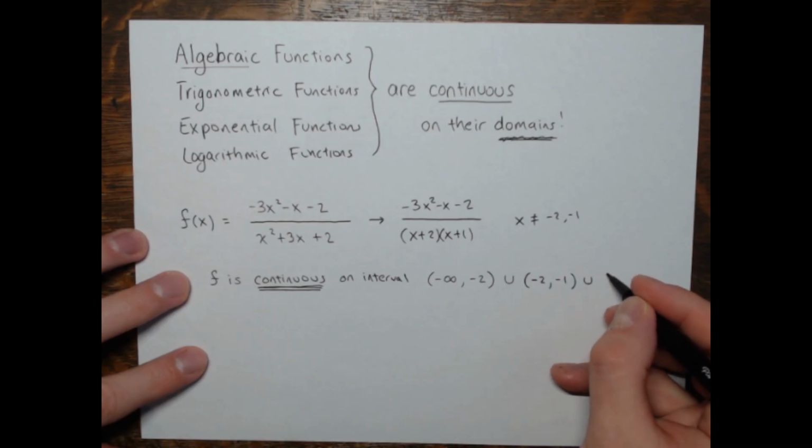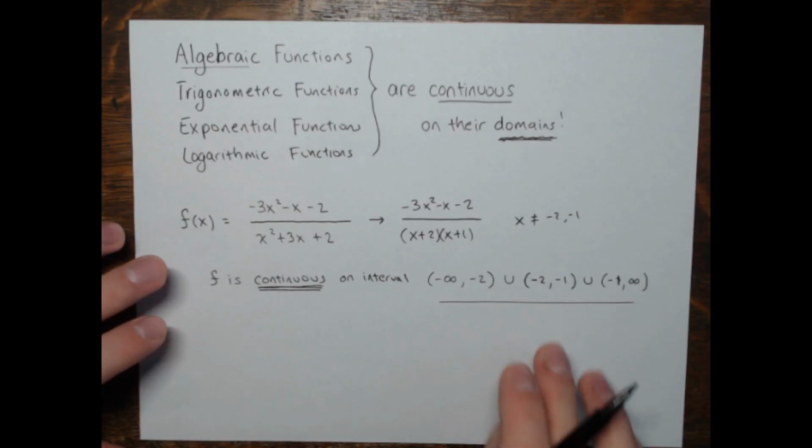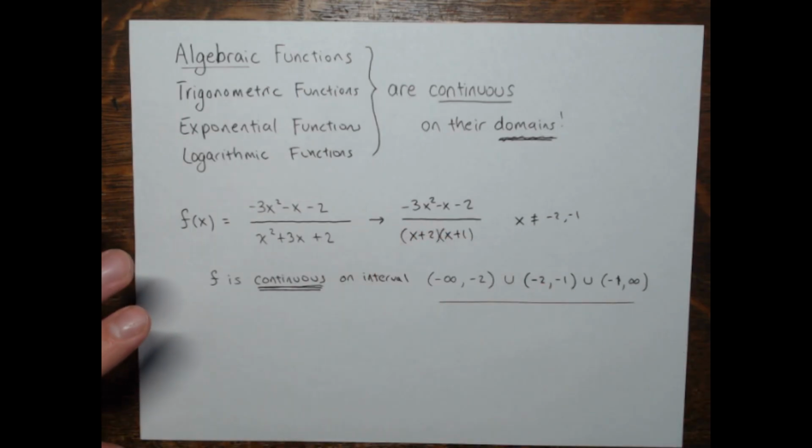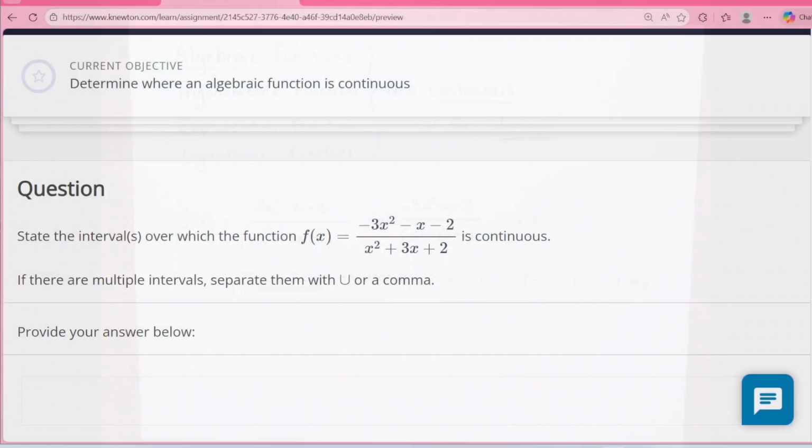And then from -1 to positive infinity. So here's what I'm going to be entering, and again, that's just the domain of this function. Once again, all the nice classes of functions you should have learned about in pre-calculus will be continuous wherever they are defined, continuous on their domains.